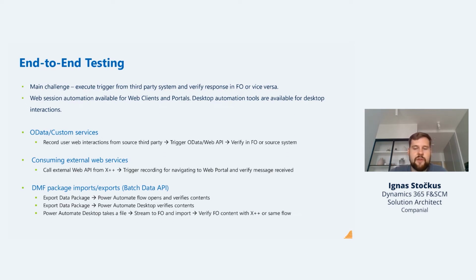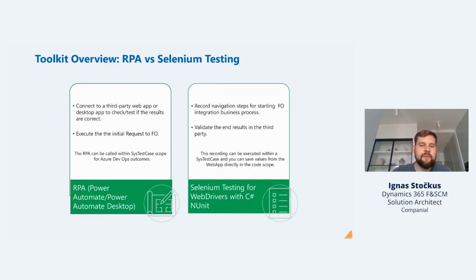So it depends what kind of scenarios we're looking at. But in both cases, it would be possible if you're integrating with an on-premise application or a cloud application. These are the two main scenarios.